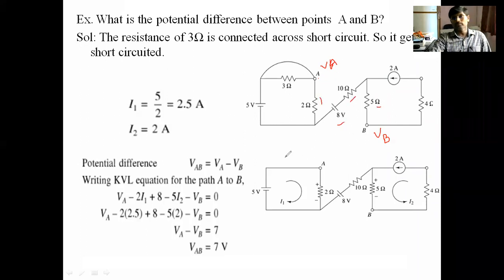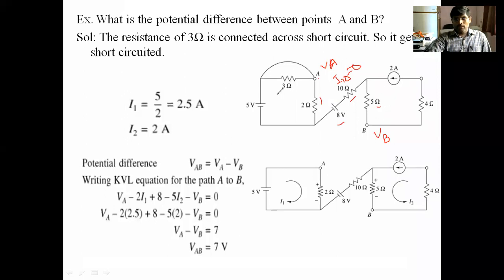You need to find the voltage across 2, 10, 5. However, as it's left open, the current flowing through 10 is equal to 0. Remember that. So only there is some current flowing through 2 ohm because of this 5 volts, and some current is flowing through 5 because of this 2 amps.